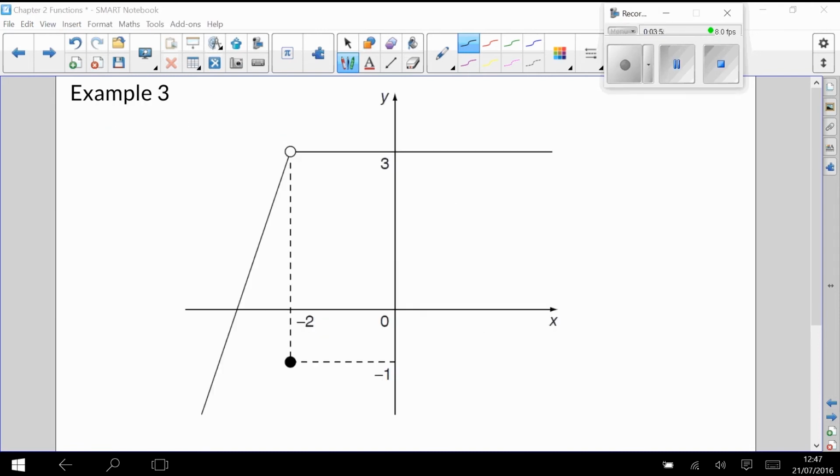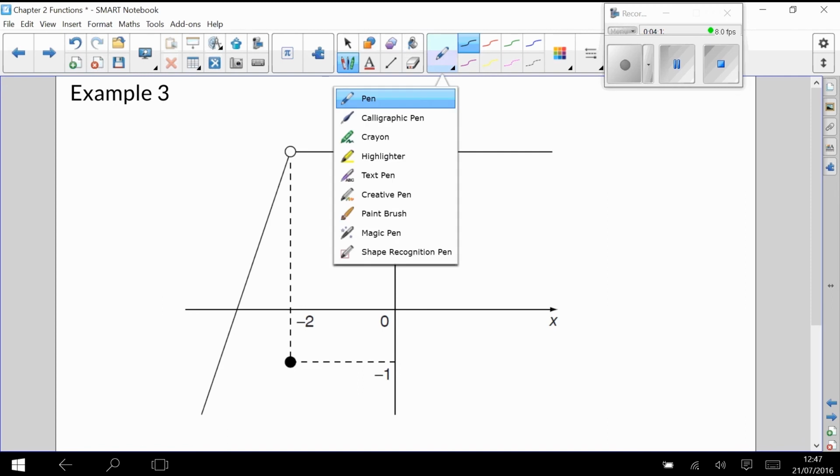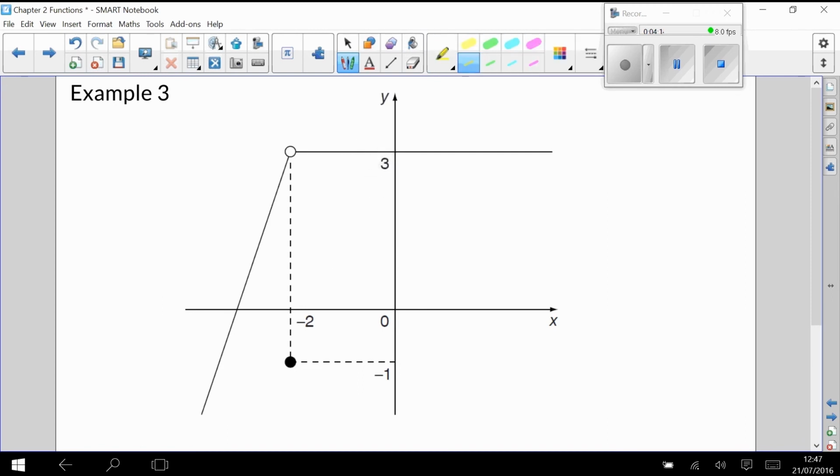If I had given you a picture as shown over here and asked you about the continuity, you could have seen that this graph does exist when x is minus 2. The height that I arrive at is minus 1. But is this the same as the limit? Remember what I did to find the limit.